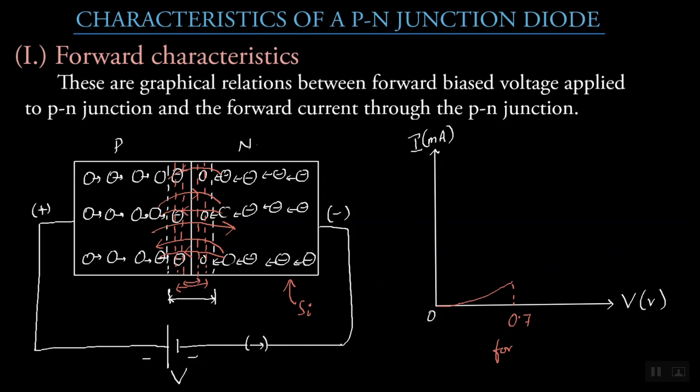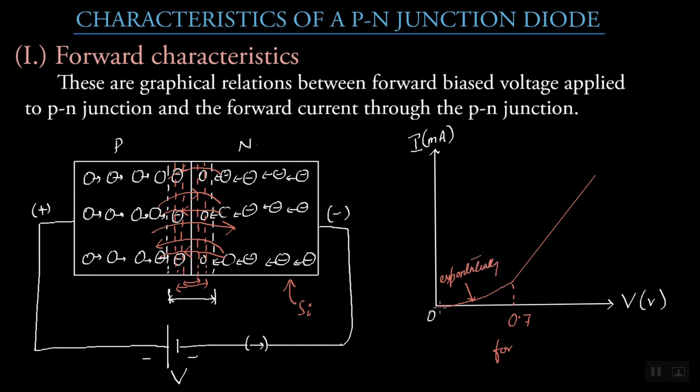So how does the current increase from there onward? From there onward, the current will increase linearly. Beyond 0.7 volt, the current will increase linearly. Here, the current is increasing exponentially.